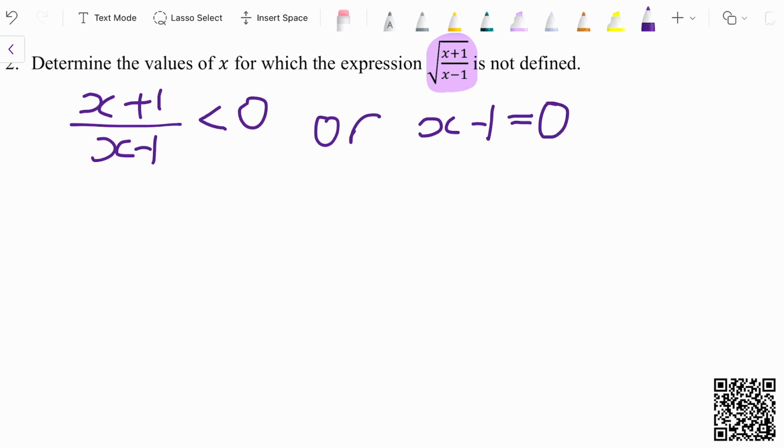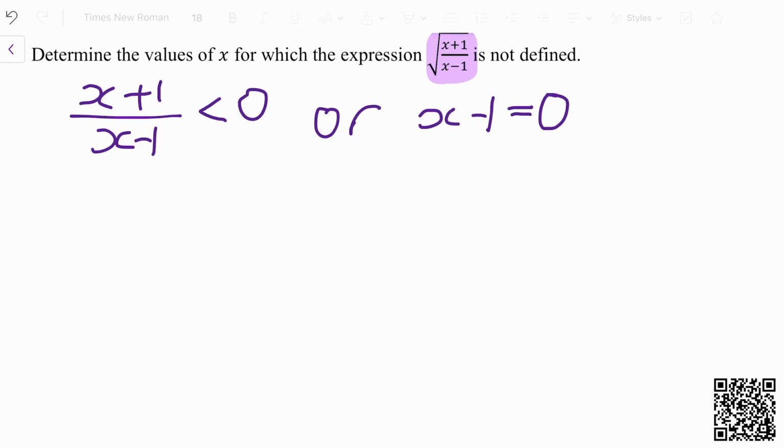So now that we have this, we can basically start solving for the two cases. If x plus 1 over x minus 1 is to be negative, that means that one of these is negative.